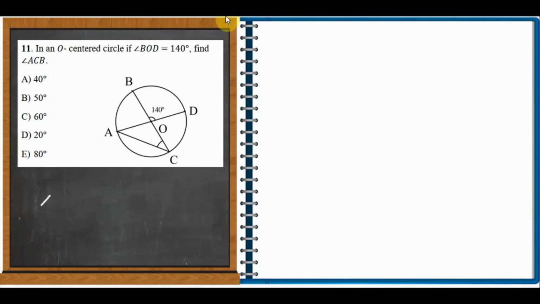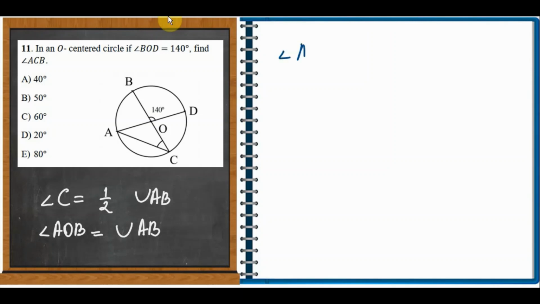Let's say angle C is equal to half of arc AB. And what we know about angle AOB is that angle AOB is a central angle that's equal to the intercepted arc, so arc AB.